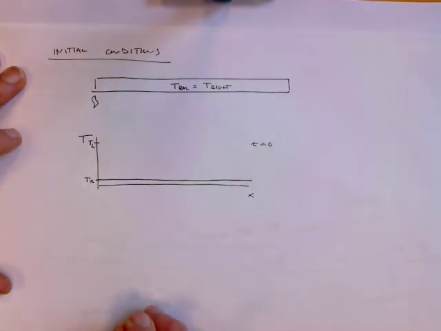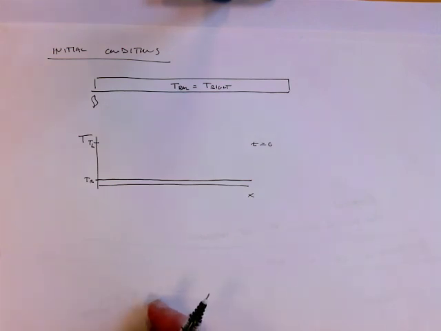Now, ignoring all our thinking about models, I'm pretty sure that when we raise the temperature on the left-hand side, we all know what's going to happen. As time passes, we're going to see the temperature in the rest of that bar increase. But let's not forget that we're holding the right-hand side of the bar at a fixed temperature.